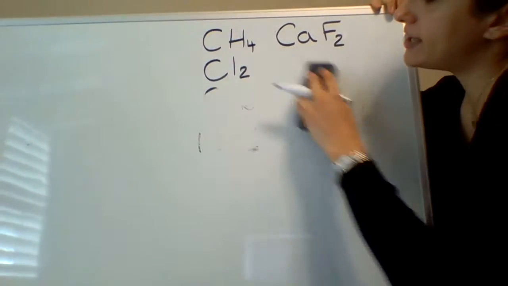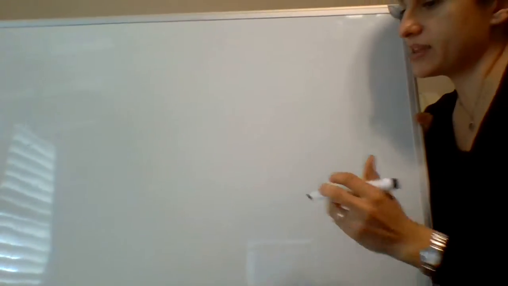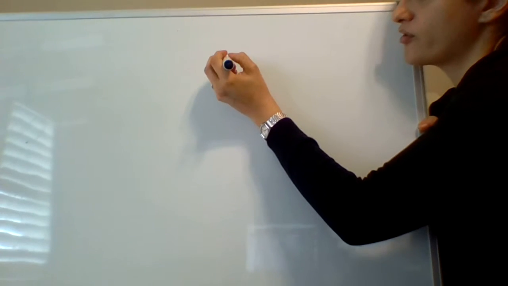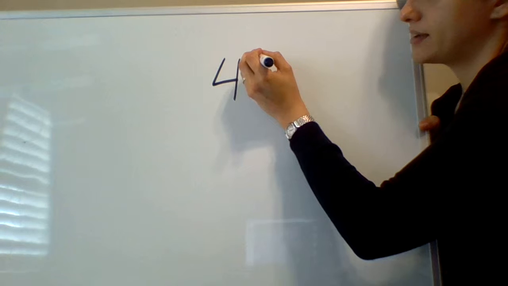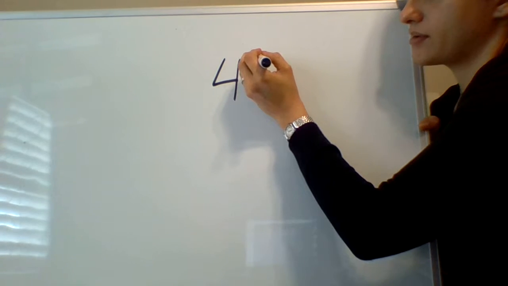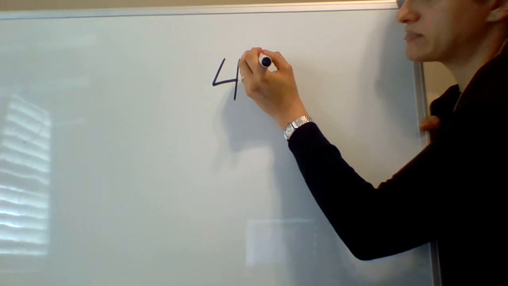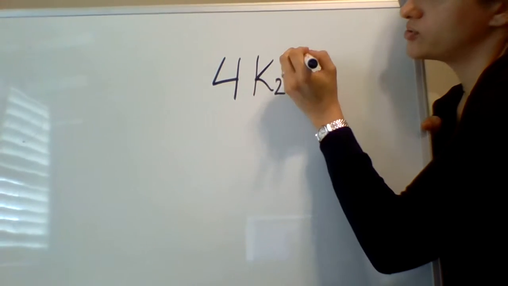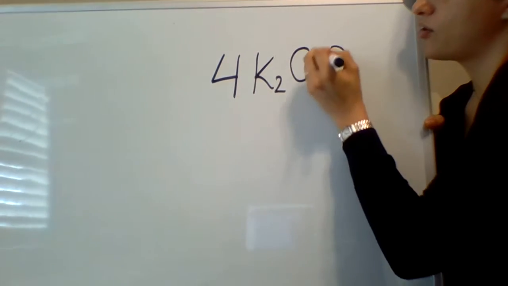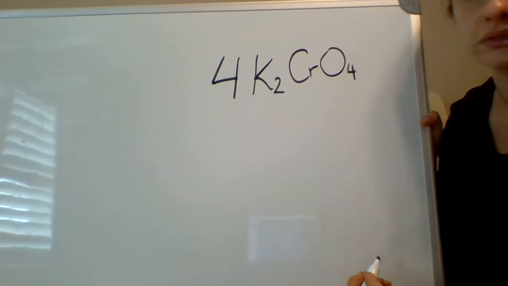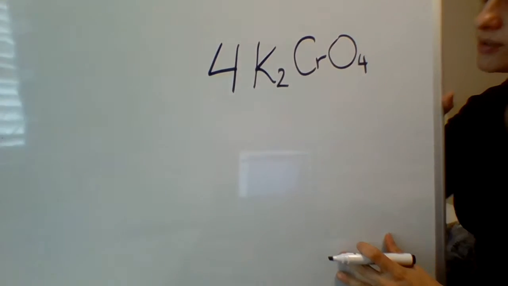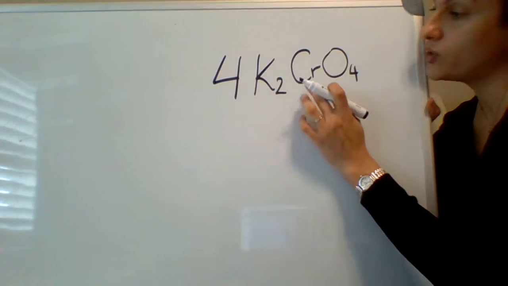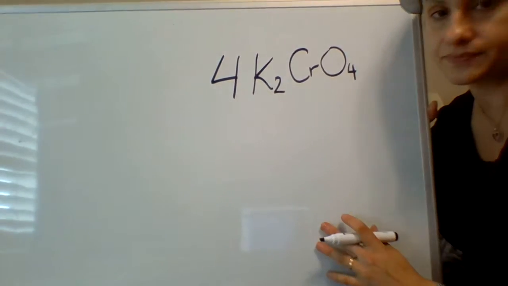But what if I gave you something like this? 4 K2CrO4. Ugh. Looks a little frightening. Okay, so we have potassium, chromium, and oxygen.